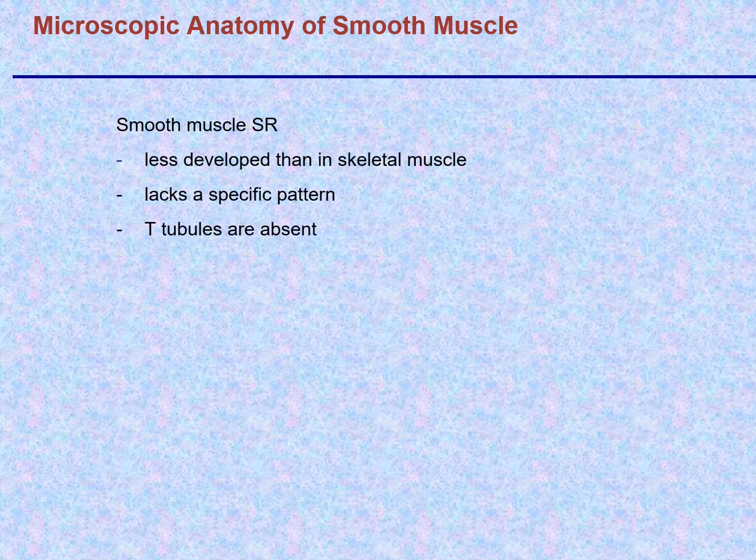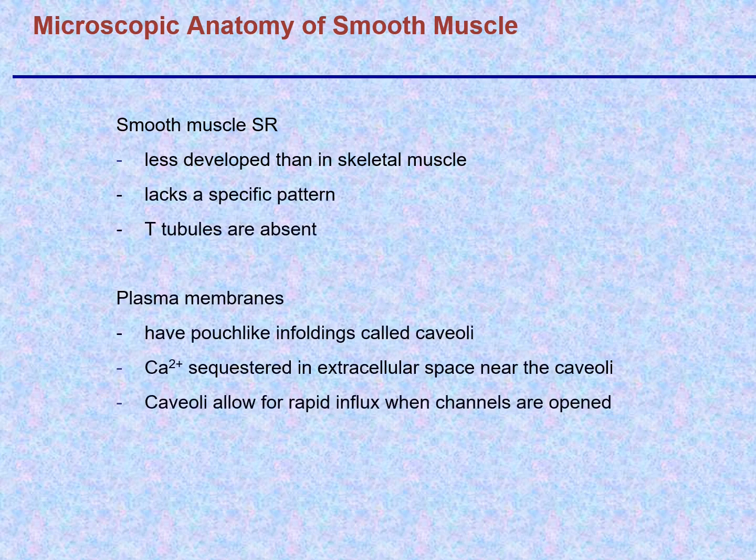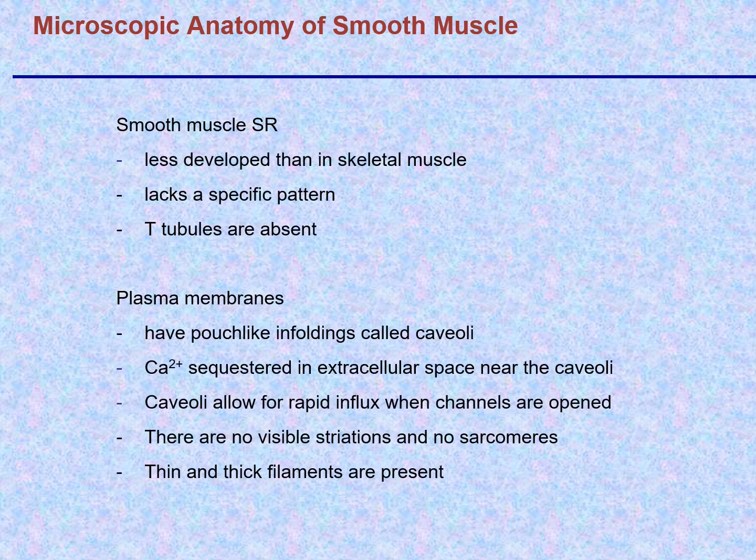Well, if you look at the microscopic characteristics of smooth muscle, it's much less developed and organized than skeletal muscle. It doesn't have any particular very repetitive pattern like skeletal muscle. It doesn't have T-tubules that deliver a signal down into it. The plasma or cell membrane around the smooth muscle cell has certain characteristics that are unique to it, much different from skeletal muscle.